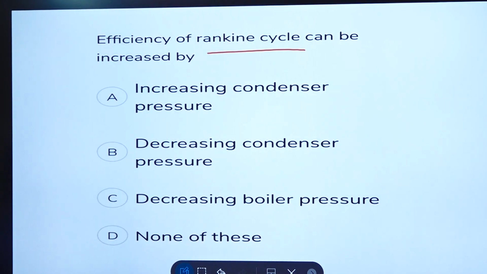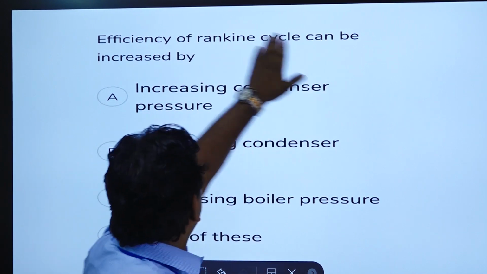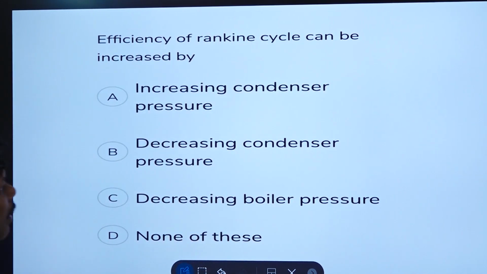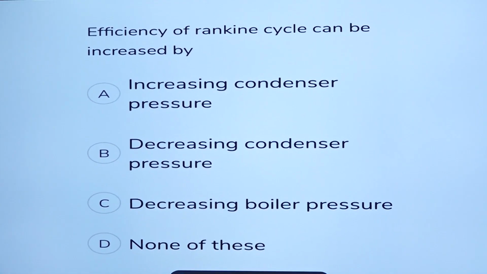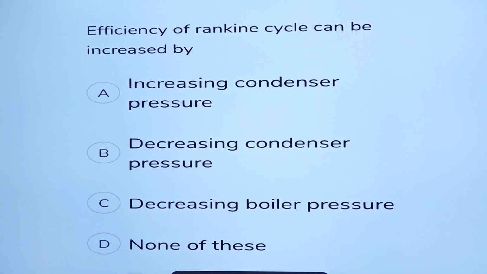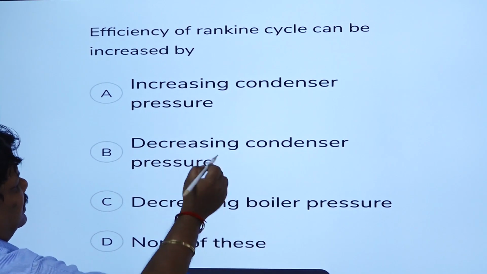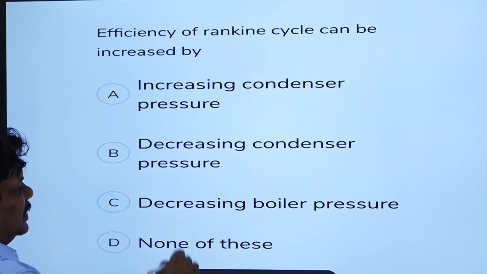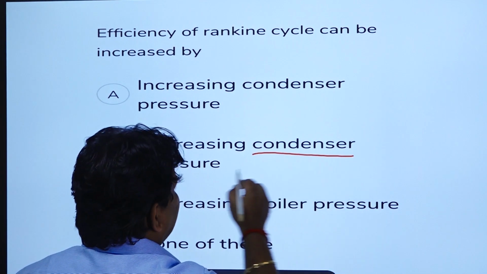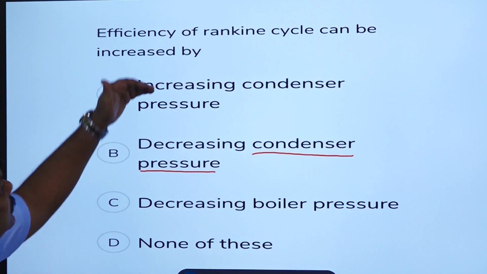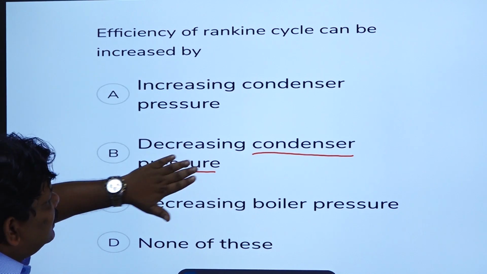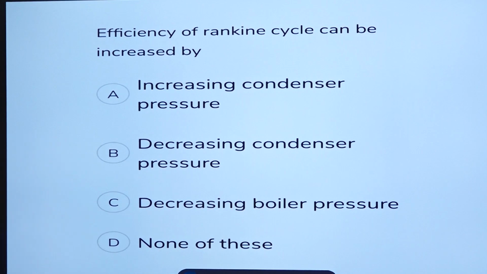A question: how can you increase the efficiency of the Rankine cycle? The options are increasing the condenser pressure, decreasing the condenser pressure, decreasing boiler pressure, and none of these. It is related to the condenser pressure. When you decrease the condenser pressure, you can improve the efficiency of the cycle.